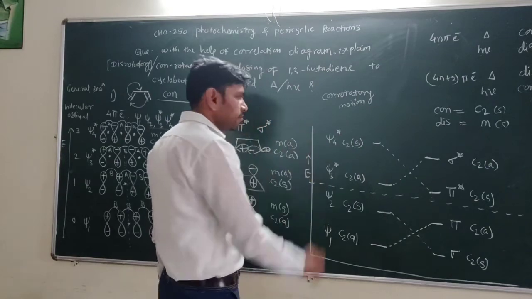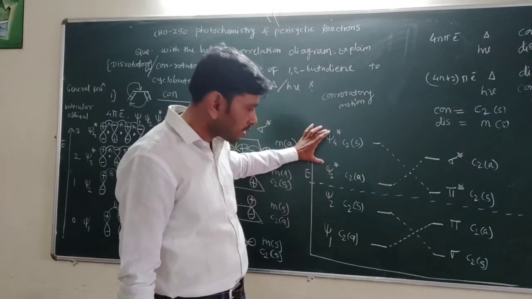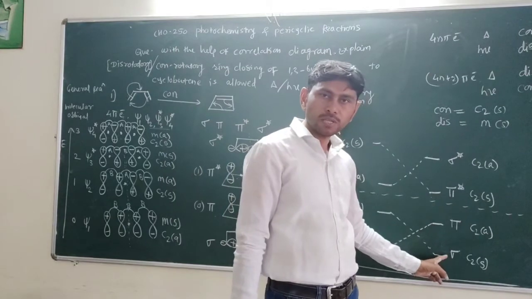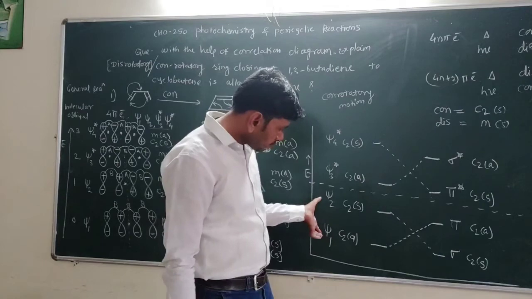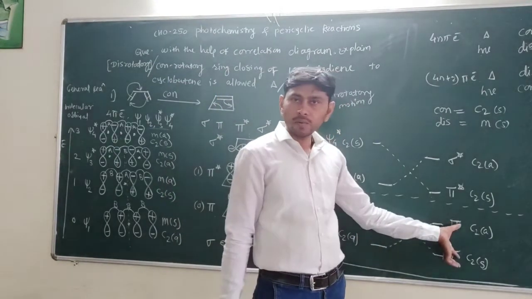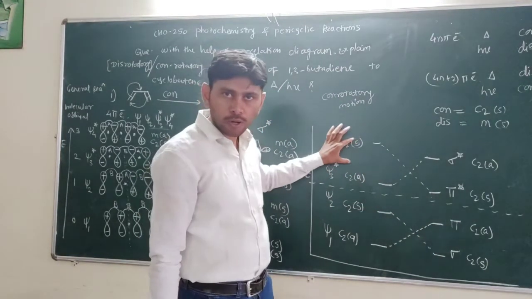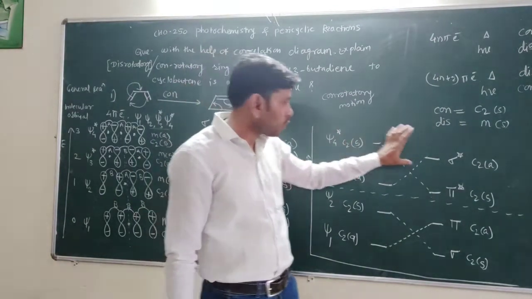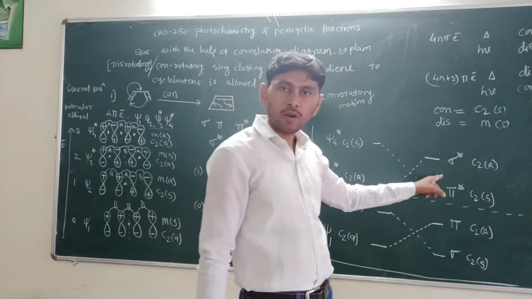So what is our observation here? These are ground state orbitals, these are excited state orbitals of the reactant. These are excited state orbitals of the product, these are ground state orbitals of the product. Now what is our observation? Ground state orbitals of the reactant correlate only with ground state orbitals of the product, and excited state orbitals of the reactant correlate with excited state orbitals of the product.